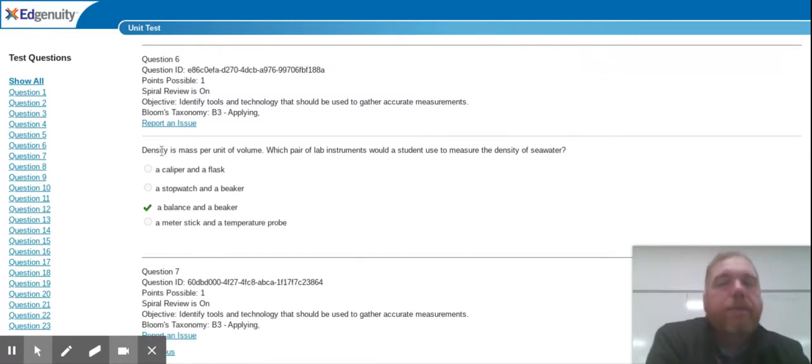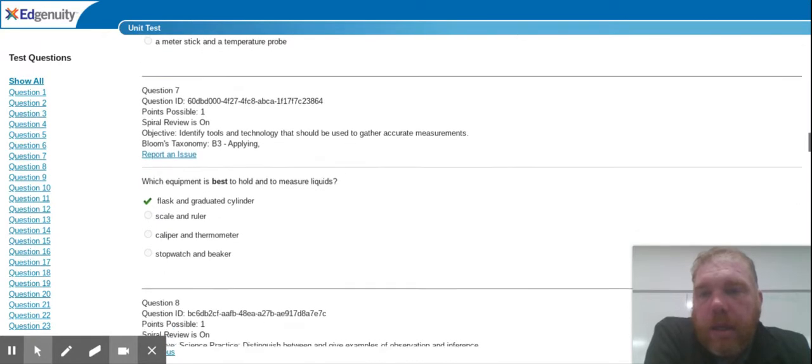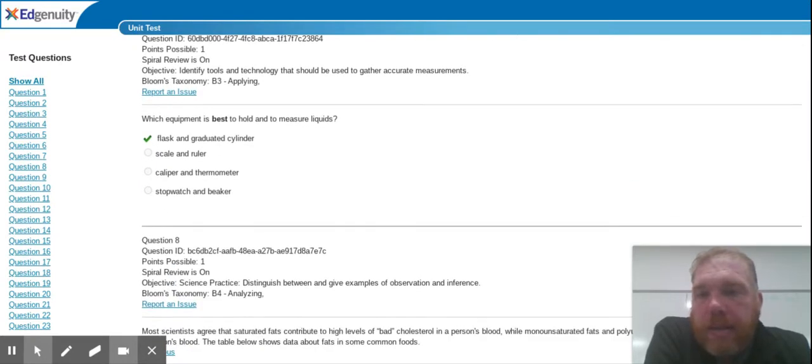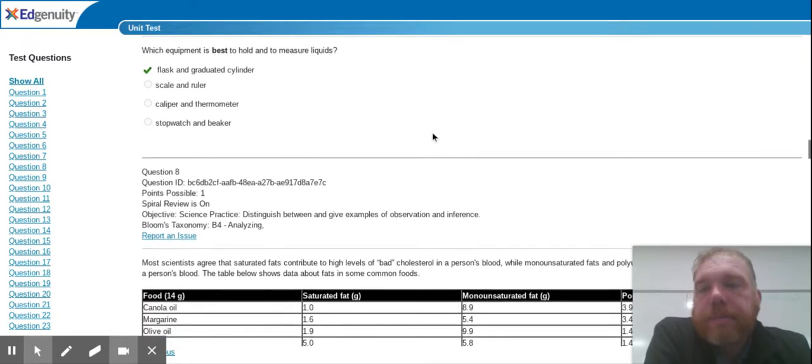Density is mass per volume. The lab instruments used to measure the density of seawater would be a balance and a beaker. What equipment is best to hold and measure liquids? It's a flask and graduated cylinder.